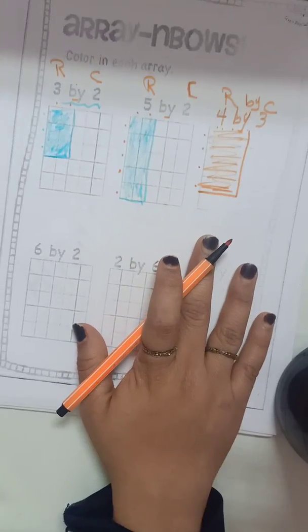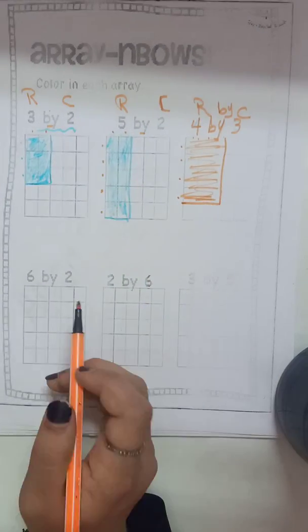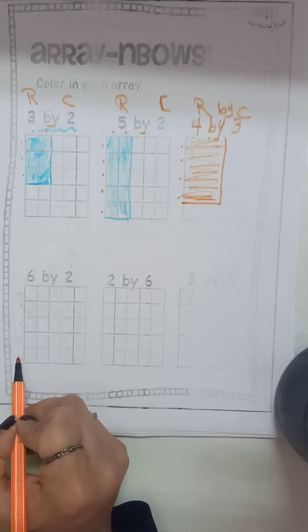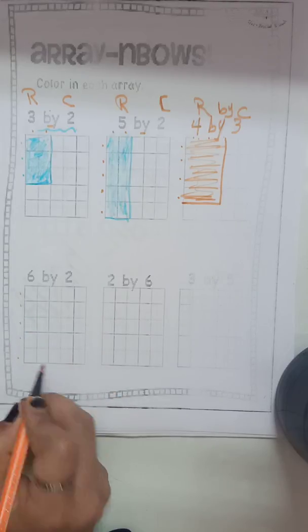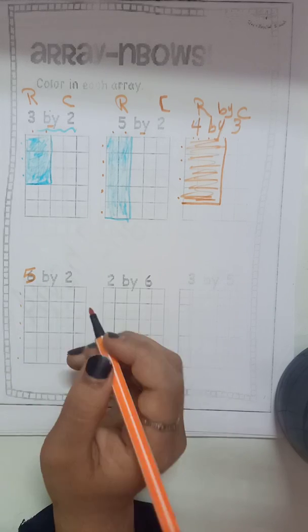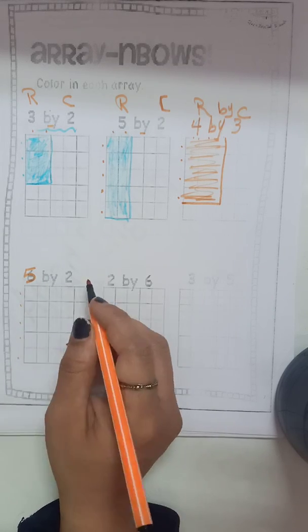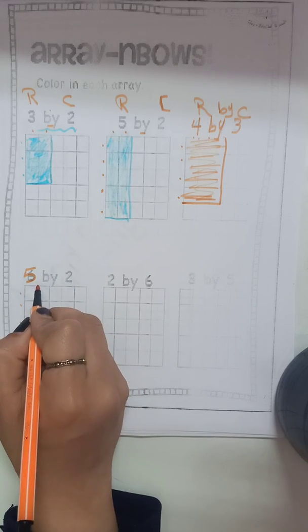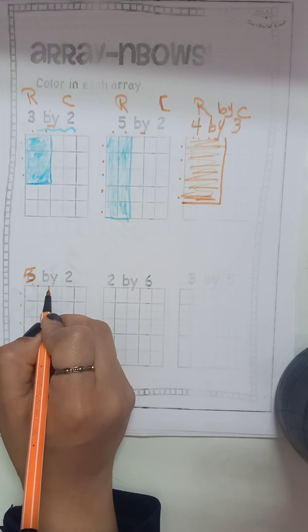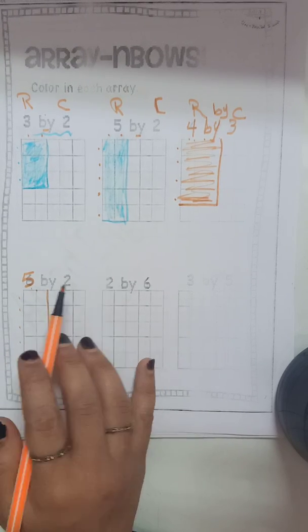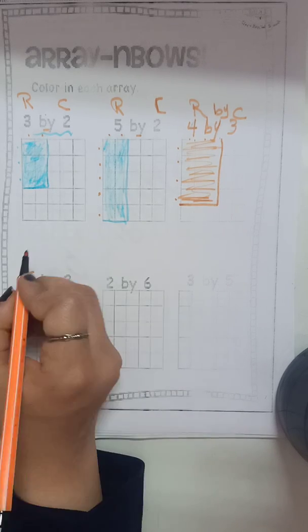The next one, 6 by 2. 1, 2, 3, 4, 5. Okay, make it 5 by 2. By 2, how many columns? 1, 2. Line. After 5 rows and 2 columns.